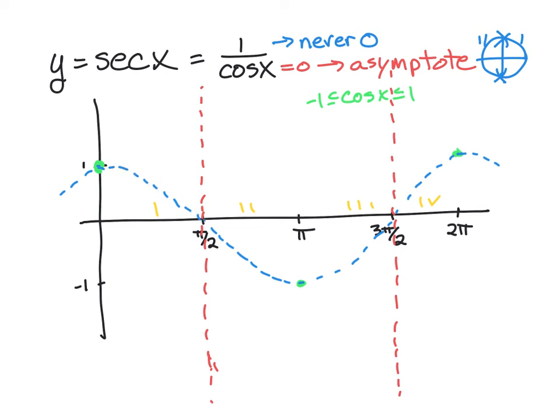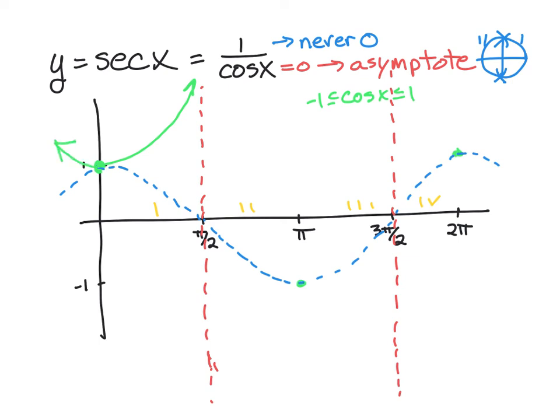When I flip that, those guys are going to get bigger, right? 1 over a half is 2. 1 over 1/10 is 10, right? So when I'm way down here with my cosine value and I flip it, I'm way up here at 10. You get the point? So where the blue line gets smaller, the green line gets bigger.